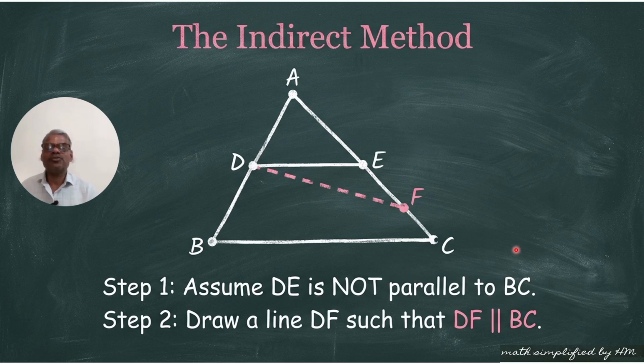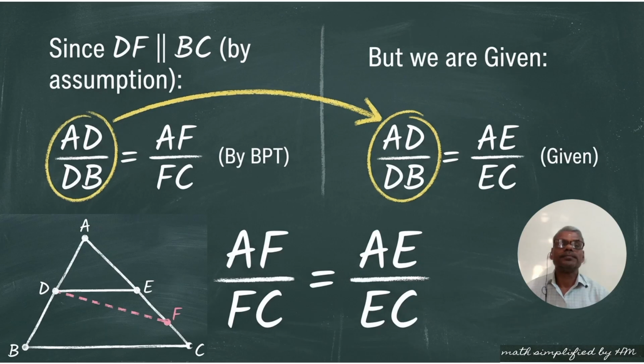So as per our assumption, as DE is not parallel to BC, there is at least one line which is passing through D and parallel to BC. So draw a line DF such that DF is parallel to BC. We have shown it by a dotted line.